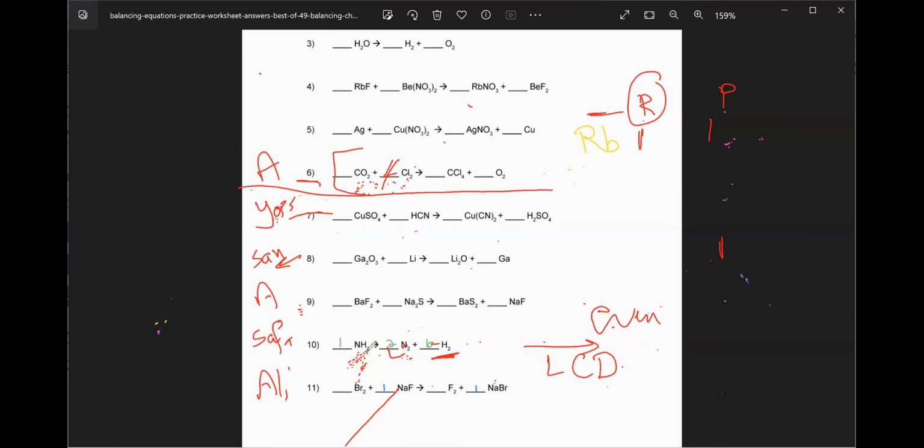So I have to multiply the 2 by what? By 3. And here? By 2.